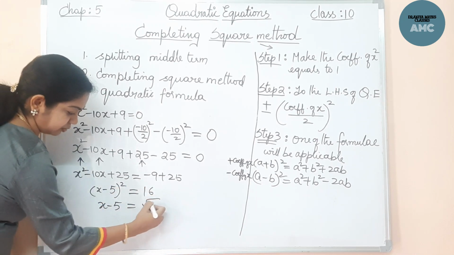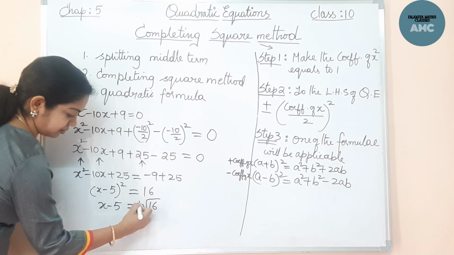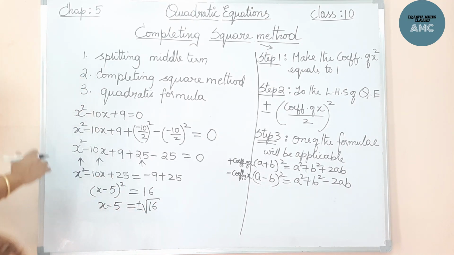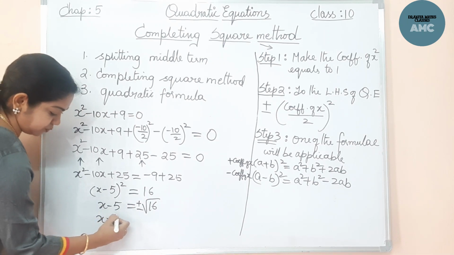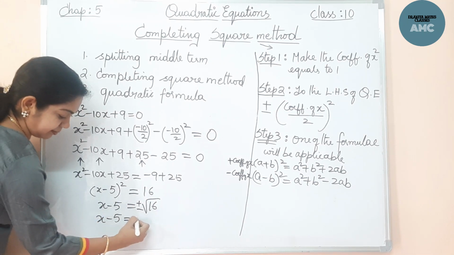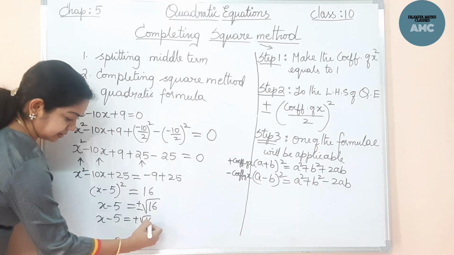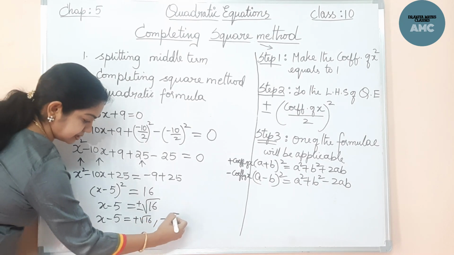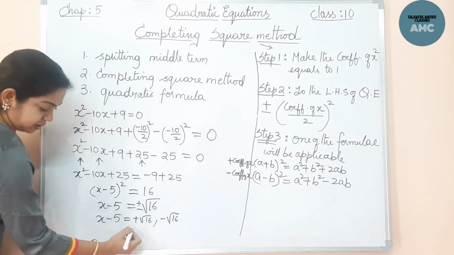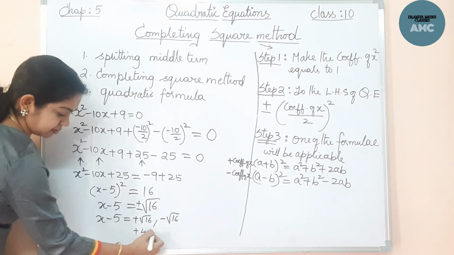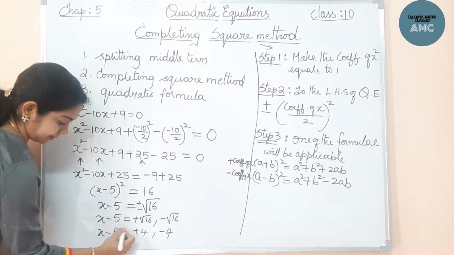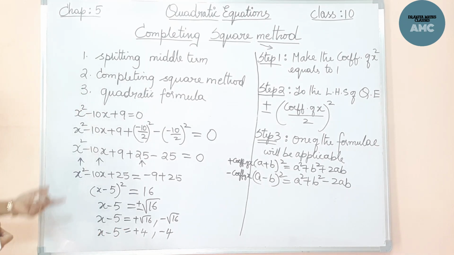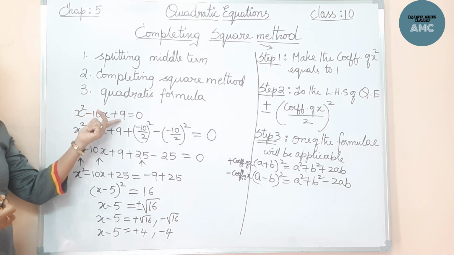Now the square, if you want to remove the square, it comes to x minus 5 equal to square root of 16, plus or minus, because square, if you shift it to that side, plus or minus. That means one is plus 16, the other is minus 16, root of 16. So this is plus 4, this is minus 4, x minus 5. Now this is a quadratic equation.